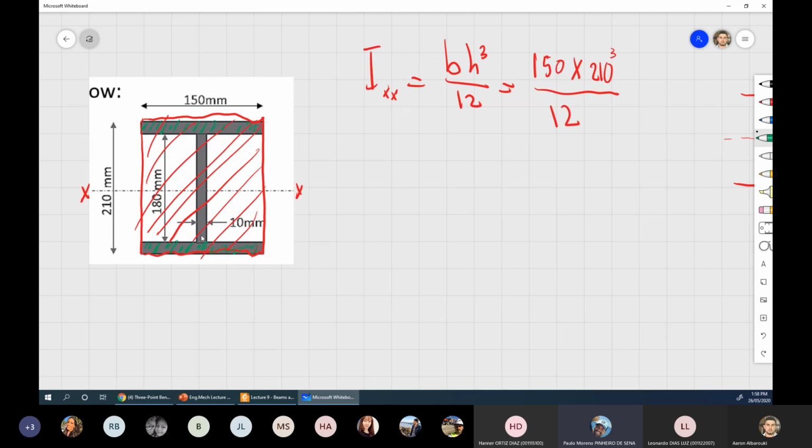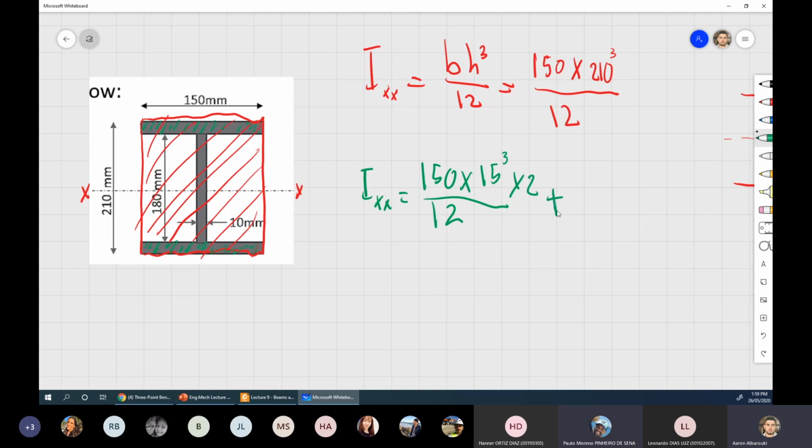You can do this for each of these 3 areas of steel. So I can say Ixx equals 150 millimeters times 15 cubed on 12, multiplied by 2 because it's the same for the other flange, plus the middle part.